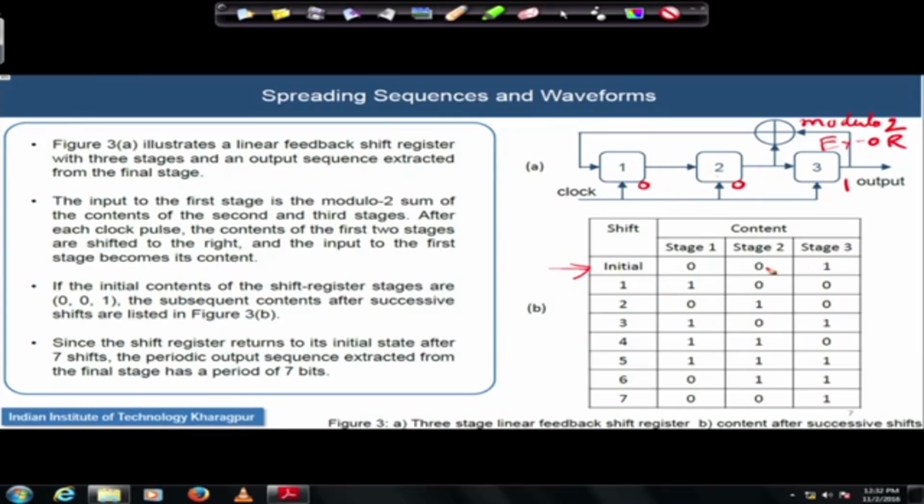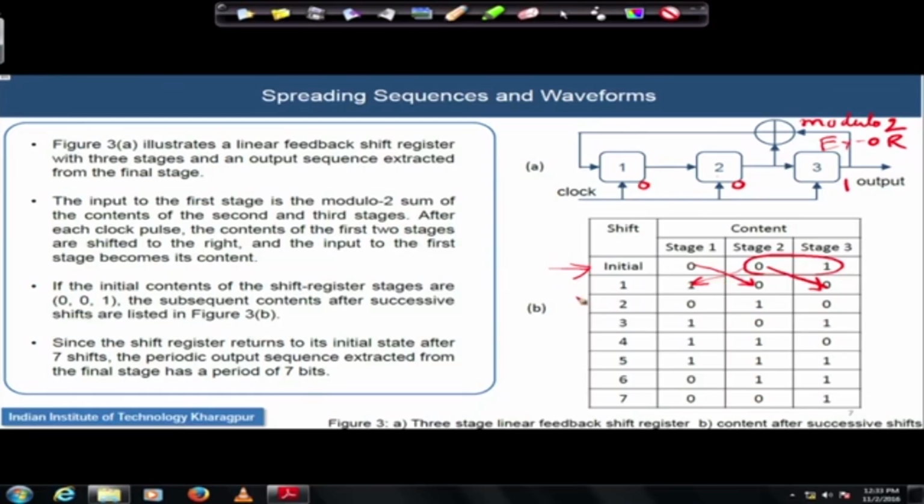So you see the value of stage 2 came to stage 3 and the value of stage 1 came to stage 2, and the outputs of stage 2 and stage 3 from the last clock pulse are XORed, and the XOR value will be 1. This XOR combination is now fed back and stored as the input to stage 1.